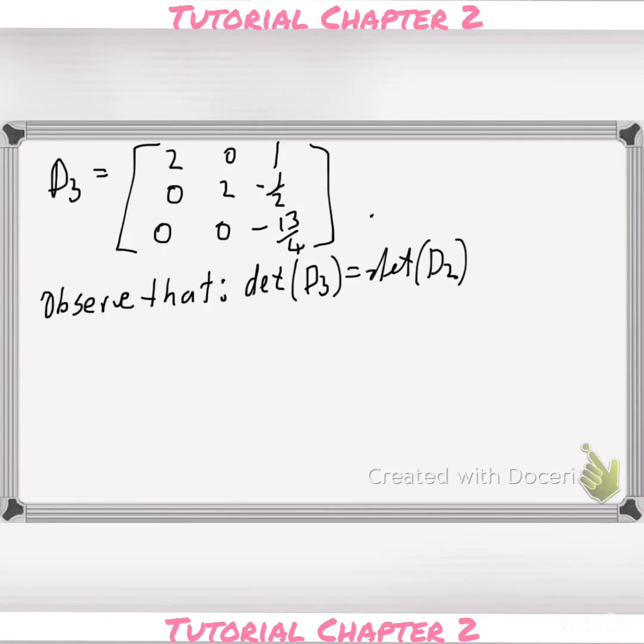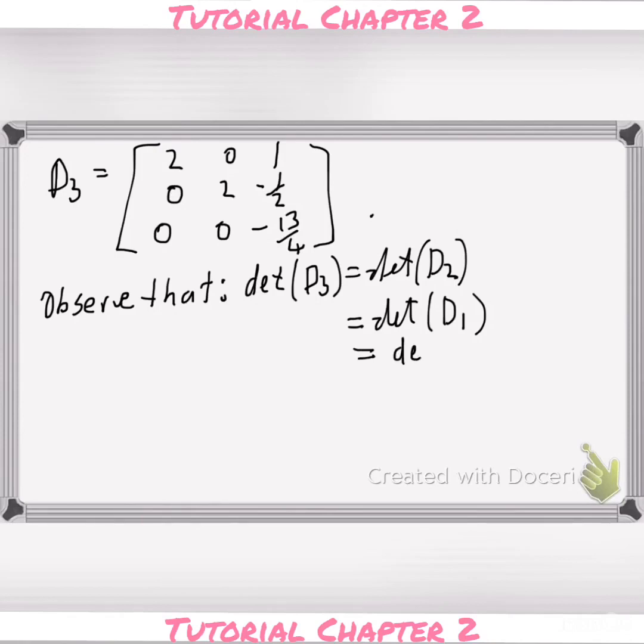And we got D2 from D1 by taking a multiple of a row of D1 and adding it to another row. So the new matrix D2 is going to have exactly the same determinant as the old matrix, D1.